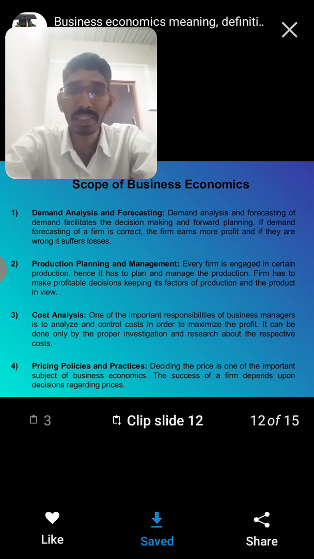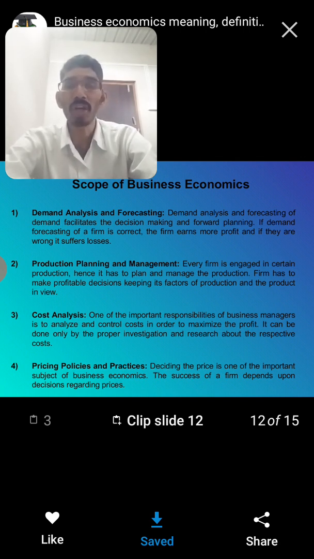The third one, a very important topic of business economics, is cost analysis. One of the important responsibilities of every businessman and business manager is cost analysis. Cost analysis is to analyze and control the cost in order to maximize the profit. We know that every businessman thinks 24 by 7 about cost minimization and profit maximization.